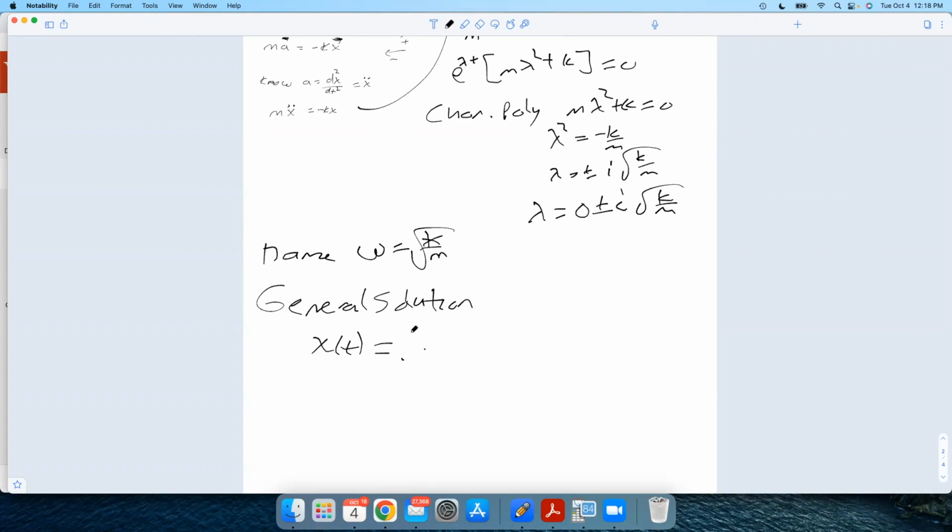So it should look like a e to the 0t cosine this number t plus b sine that number t. The e to the 0 is just 1, so I'm not going to bother writing the e part. And we've named this thing there omega. So this will be a cosine omega t plus b sine omega t.